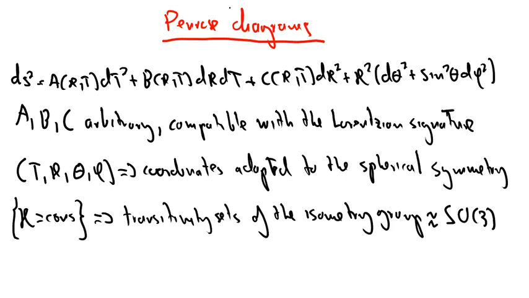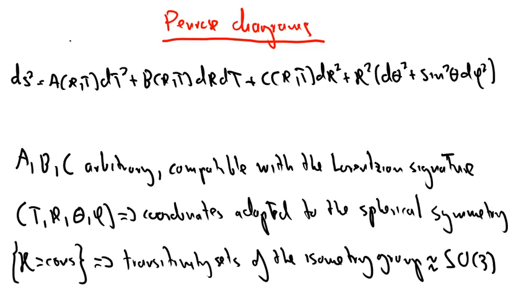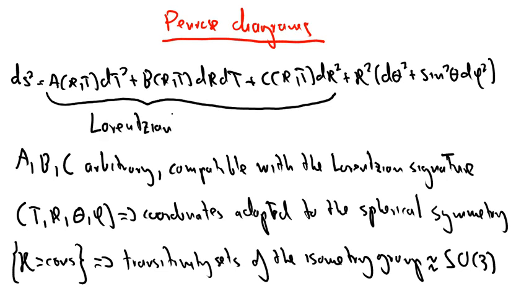Okay. Well, what does this mean? It means that the metric can be split in two parts. The first part is the so-called Lorentzian part, which is a two-dimensional metric which has Lorentzian signature.